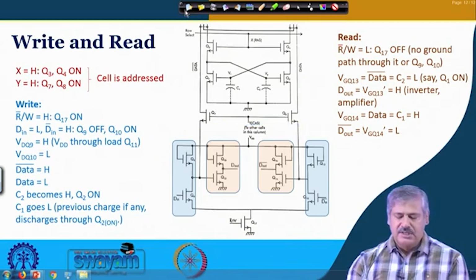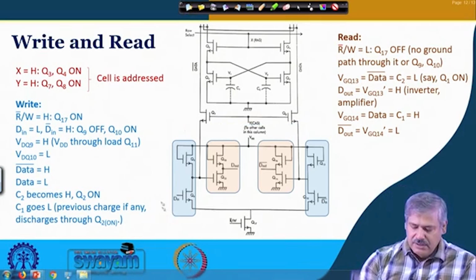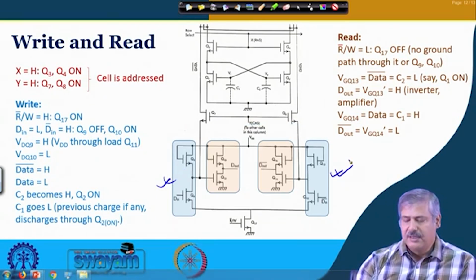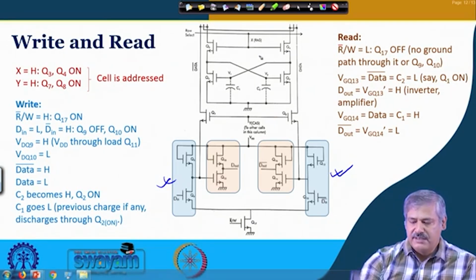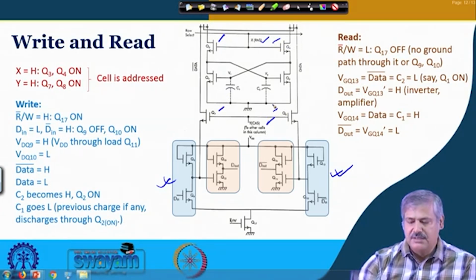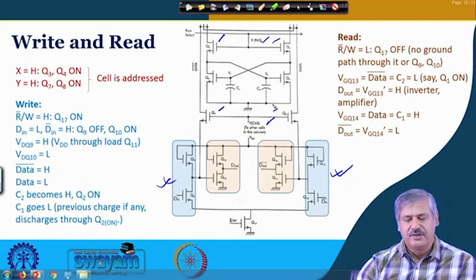So, coming back, for the write operation, this block and this block come into picture, right. At that time of course, this cell needs to be accessed. So, X is high, so row address select, and Y is high. So, this transistor is on and this transistor is on, this transistor is on and this transistor is on. Is it okay? Right.